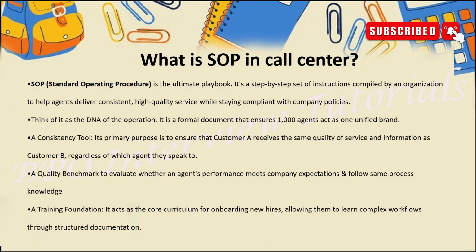Customer A receives the same quality of service and information as customer B, regardless of which agent they speak to. Next, a quality benchmark. If we have an SOP sorted, we have decided that if we get a question on refund, these are the answers we have to give. This is a kind of SOP we have to follow. For example, leave policies. In companies, we have leave policies.